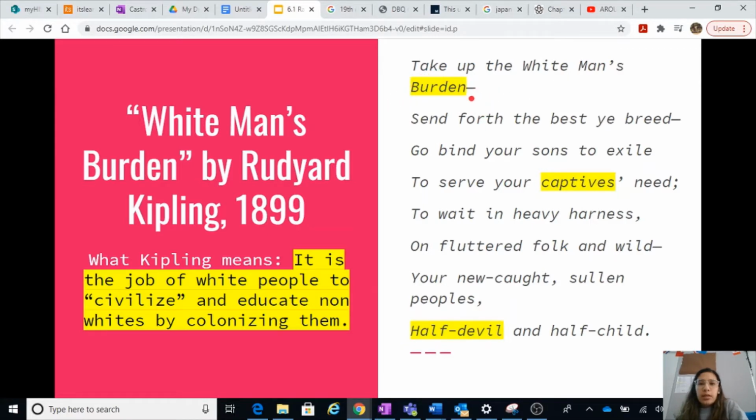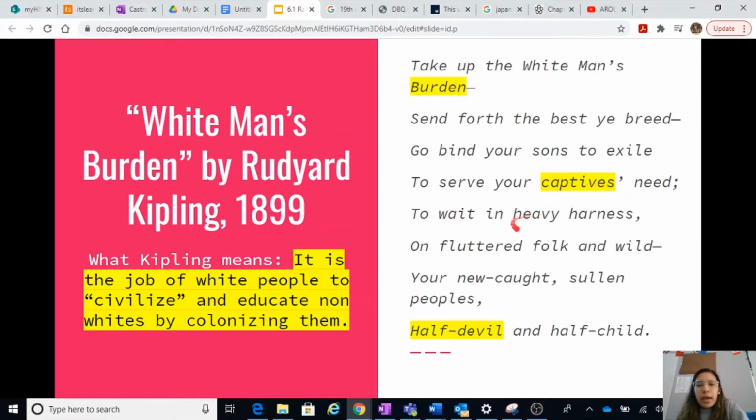That's like the duty of the white man. "Send forth the best ye breed." So send forth all of your best people. "Go bind your sons to exile." So go abroad, "to serve your captives' need." Captives refers to the people that they are going to colonize.